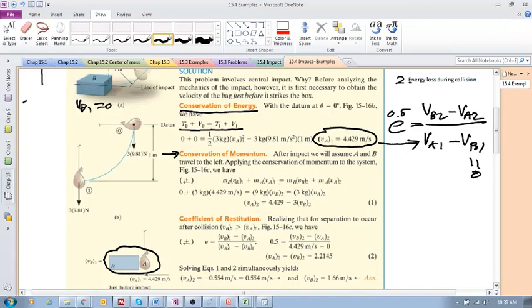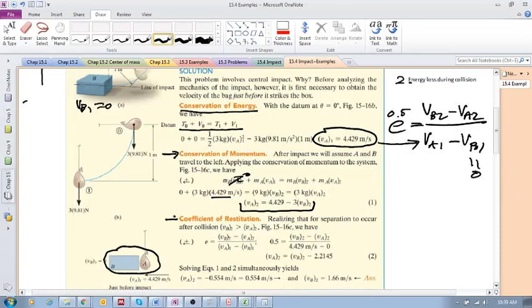We know that VB1 was 0, and we calculated VA1 to be 4.429. Mass times velocity plus mass times velocity, and we're going to have two unknowns here, VB2 and VA2, and there we have our final equation from conservation of momentum.